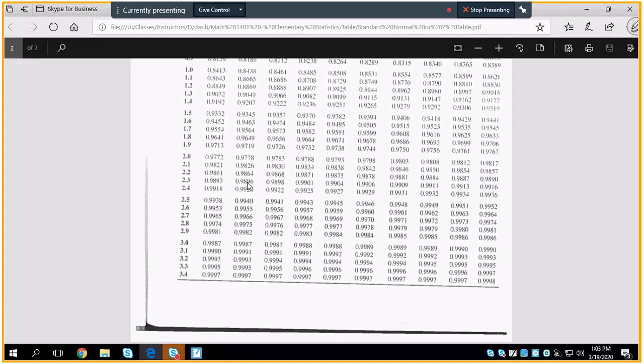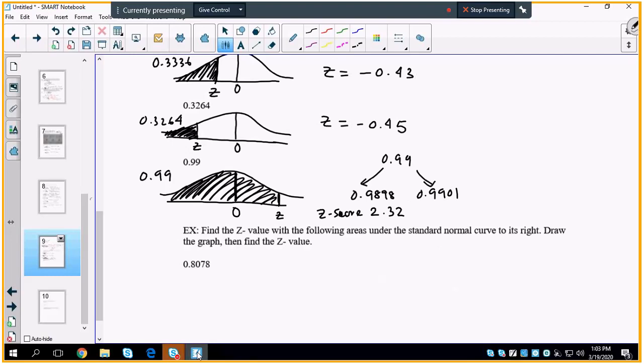Yes, 2.32. And the other is going to be 2.33. So my required z-score is in between. How do I find in between? I take the average of these two z-scores. So I say 2.32 plus 2.33 over 2, which is equal to 2.325. And that answers your question for the required z-score. The required z-score is 2.325.